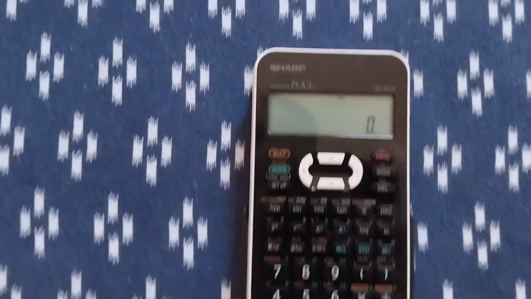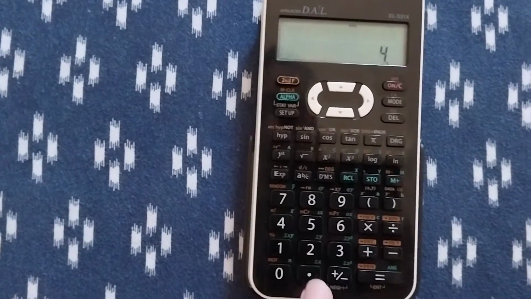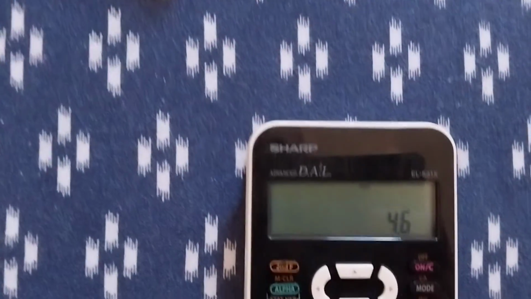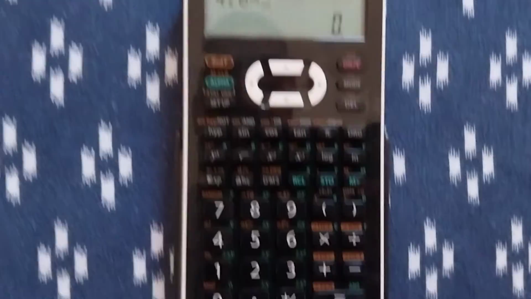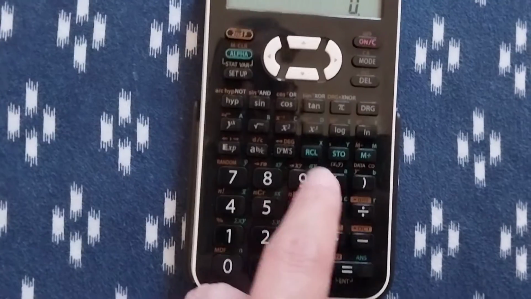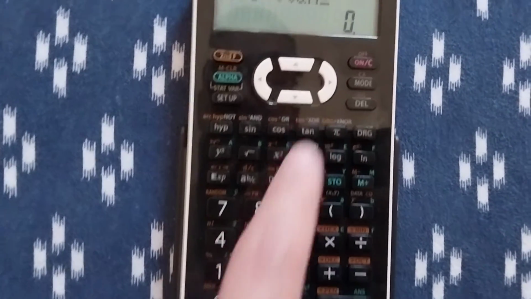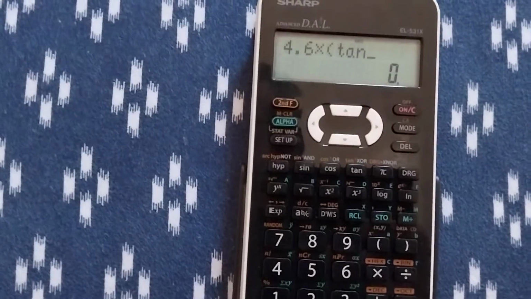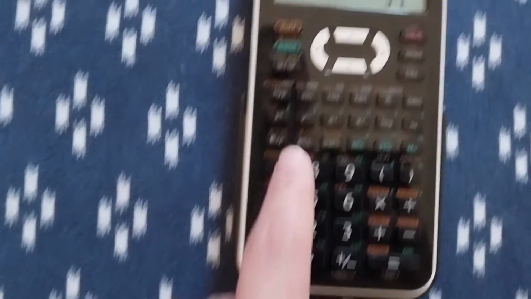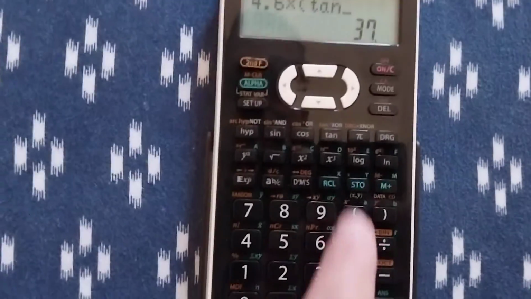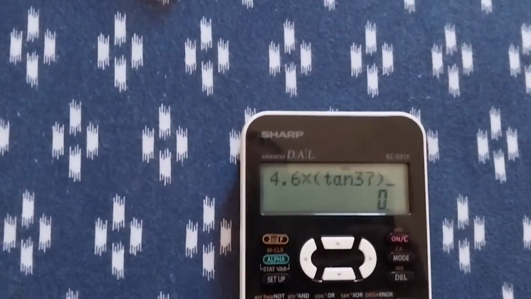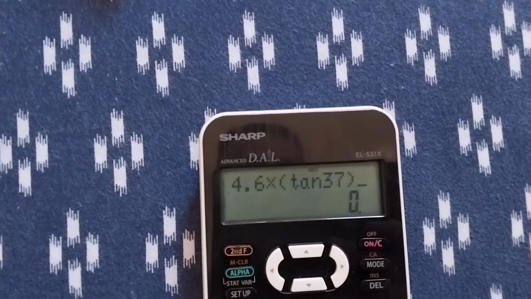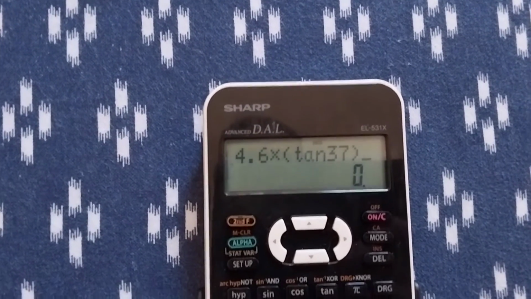So 4.6 multiplied by, open bracket, tangent of 37 degrees. You don't need to put a degree, so just 37 is okay, and then close bracket. It would still work if you don't put the brackets in. So 4.6 multiplied by tangent of 37 degrees, and then you press the equal sign.